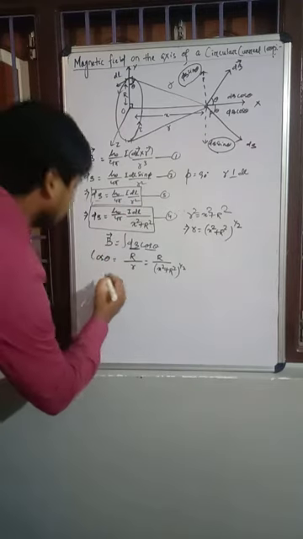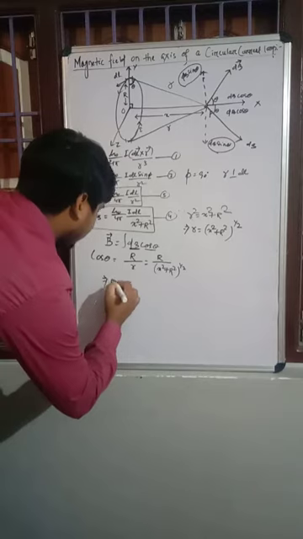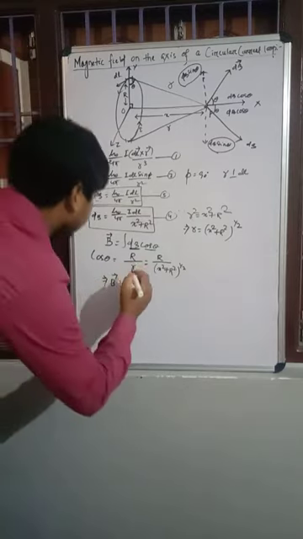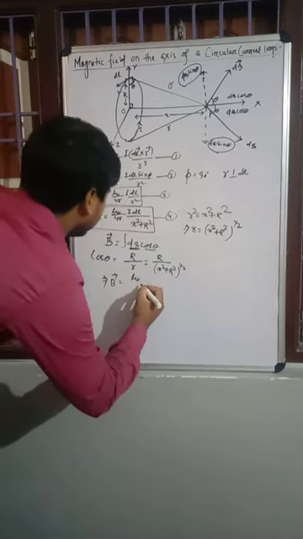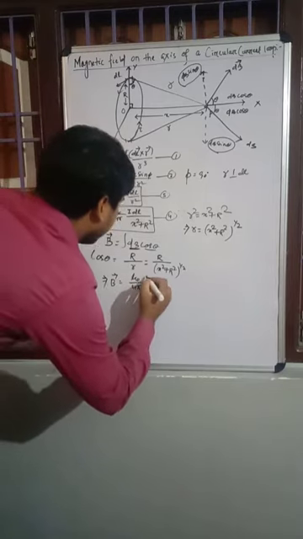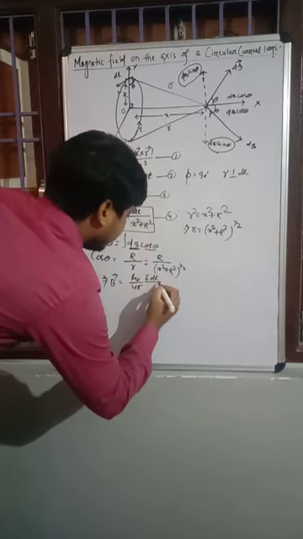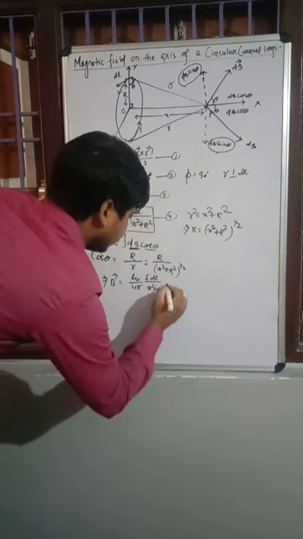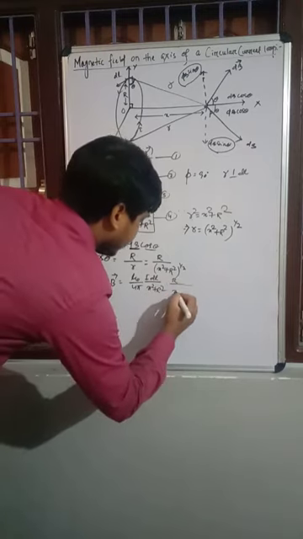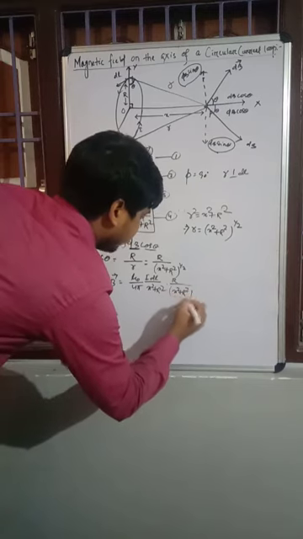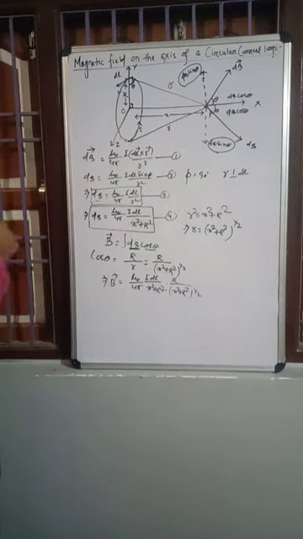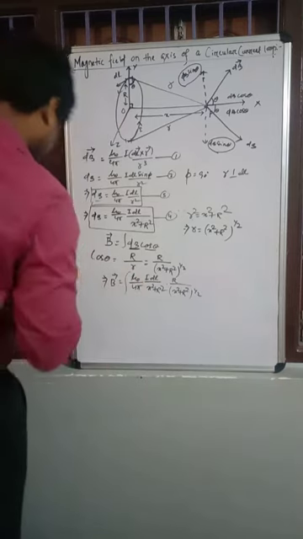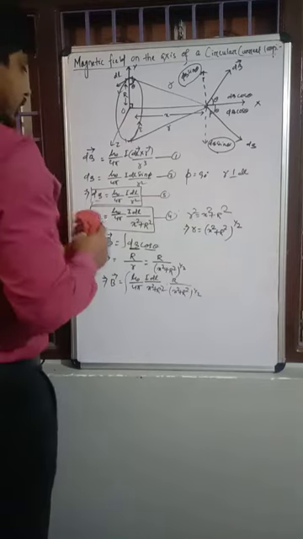So you will get, this implies that our B vector will be equal to, the value of this dB is mu naught by 4 pi I dl by x square plus r square, into R by x square plus r square to the power half, integration. I am just erasing this one.